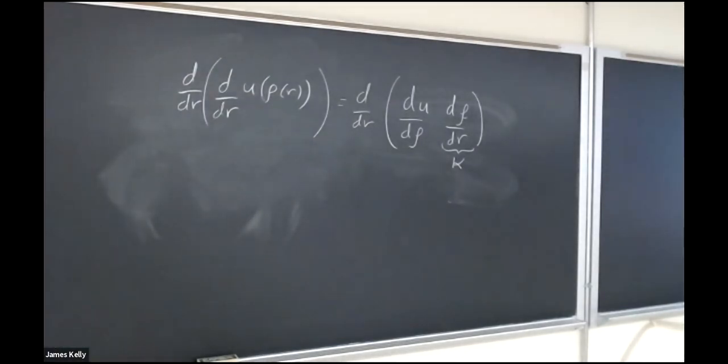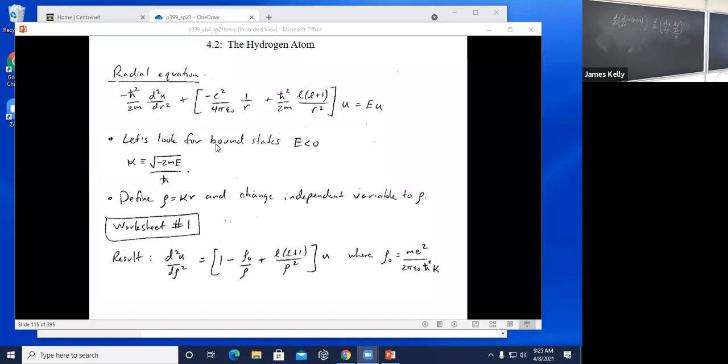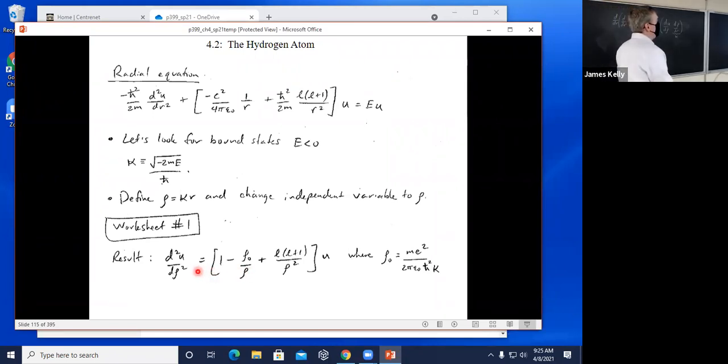So let's go back and hopefully I've got the result here. We wrote d squared u dr squared as kappa squared times d squared u d rho squared, and then put everything else on the other side and divided by kappa squared.